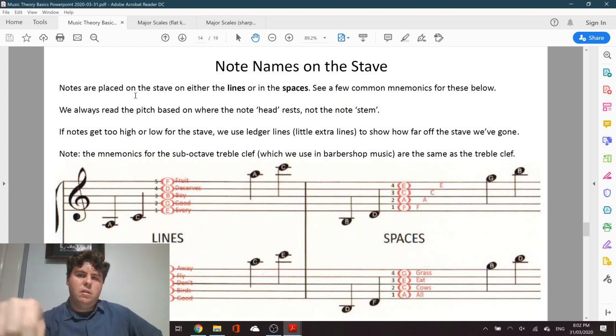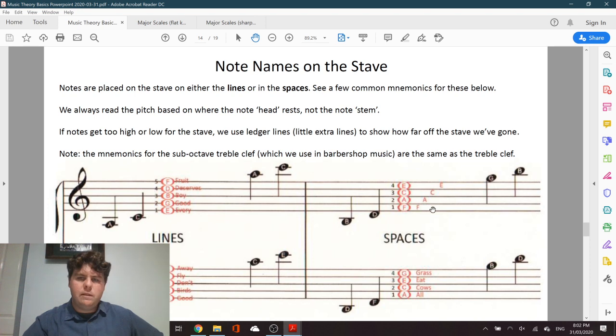If you're looking at the treble clef, tenors and leads, you might remember these mnemonics. The lines go E, G, B, D, F, or every good boy deserves fruit. The spaces spell out the word face from the bottom up, F-A-C-E.